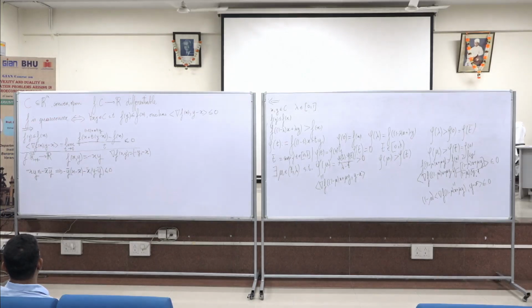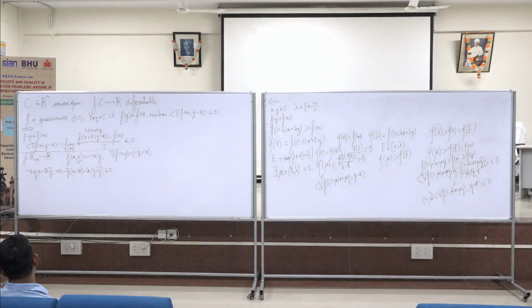I mean, if we checked this morning that this function is quasi-convex, it was very easy. But let's try to apply the first order condition to check that this function is quasi-convex again.